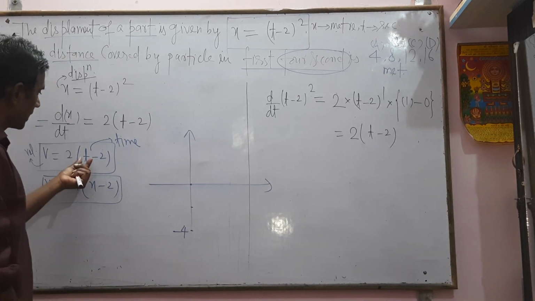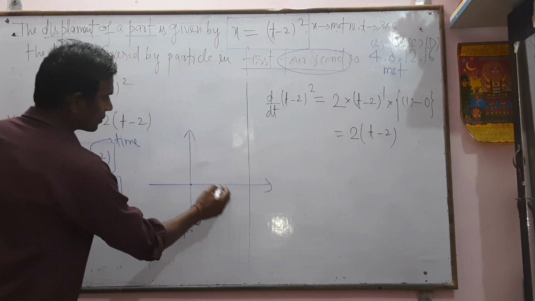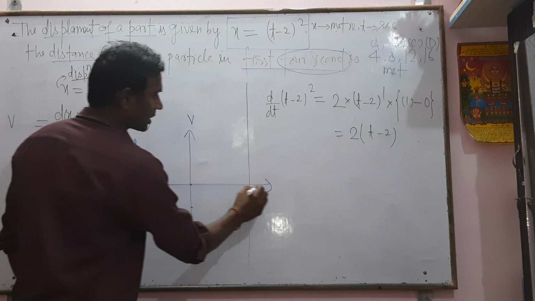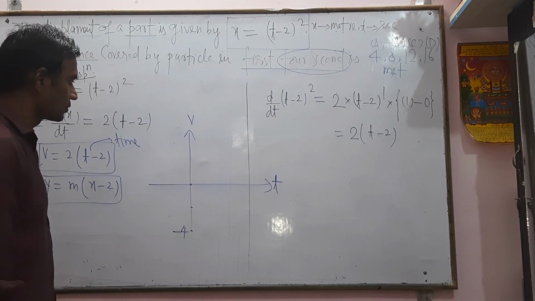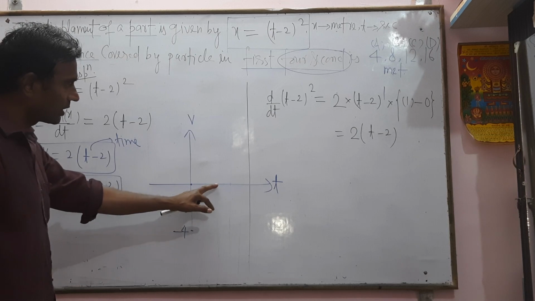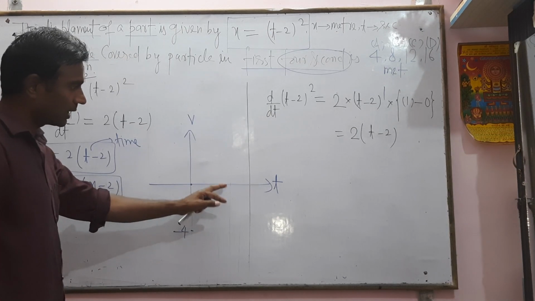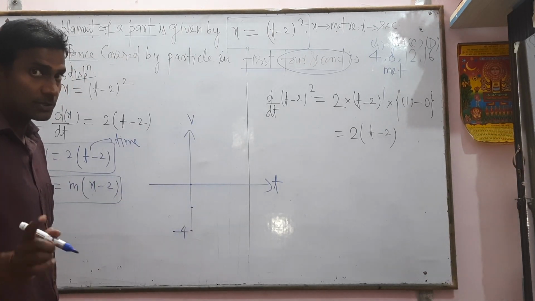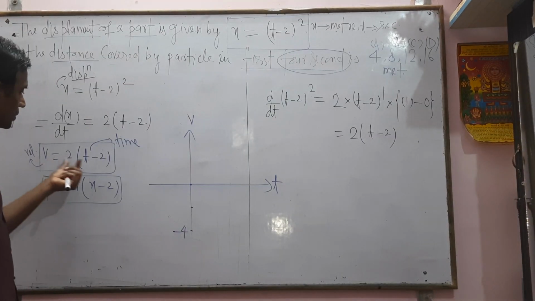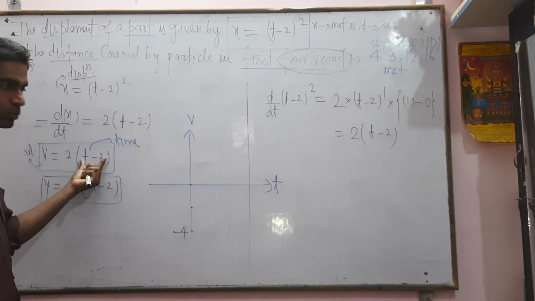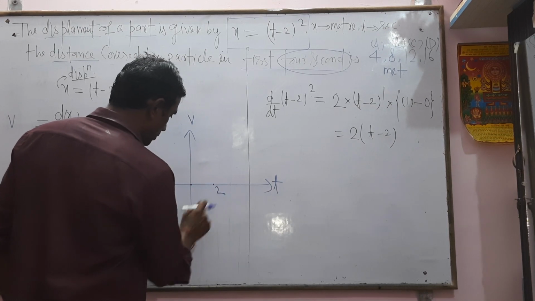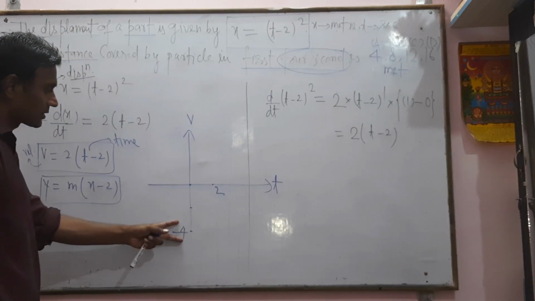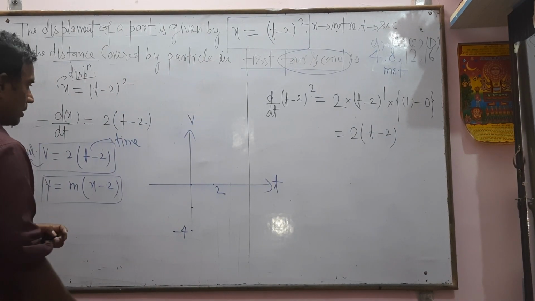And if the velocity is 0, any point on the t-axis has velocity 0. If velocity equals 0, then time t equals 2. So at time t equals 2, the velocity is 0, and at t equals 0 the velocity v equals minus 4.